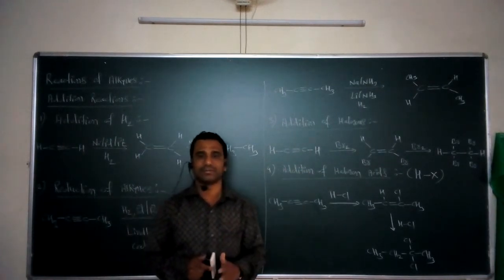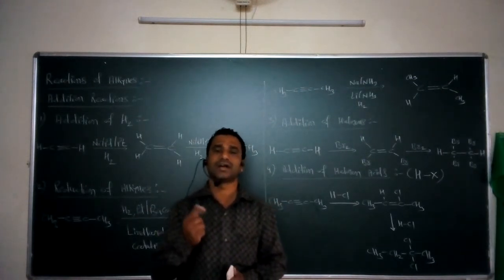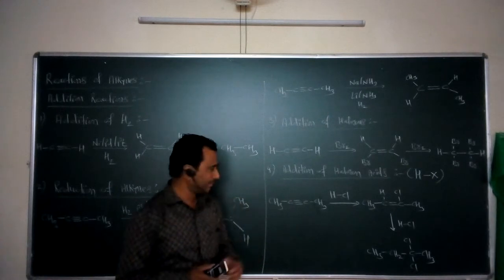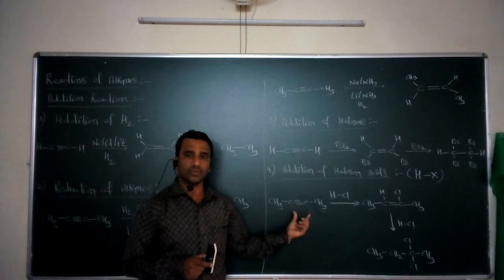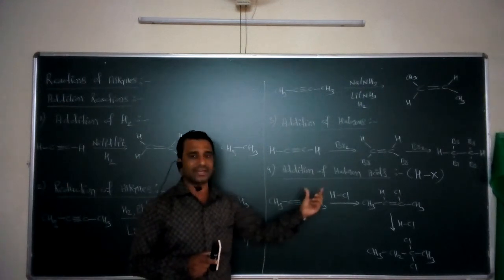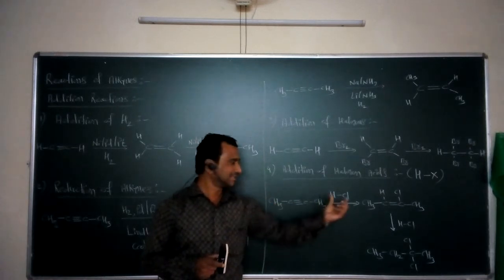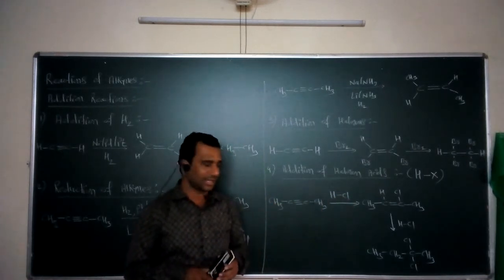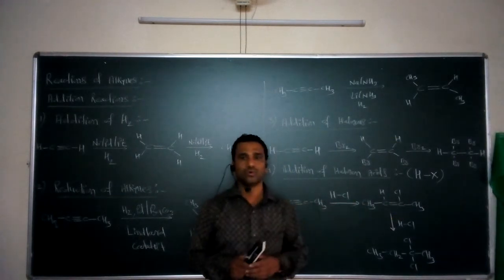So geminal halide formation takes place whenever halogen acids add across the carbon triple bond. For this purpose we take a simple example of an alkyne, 2-butyne. When 2-butyne interacts with the first halogen acid, suppose HCl, and HCl is added across the carbon triple bond, we get 2-chloro-2-butene.